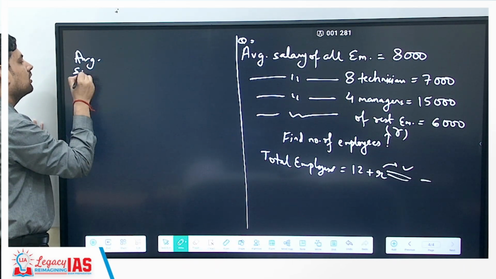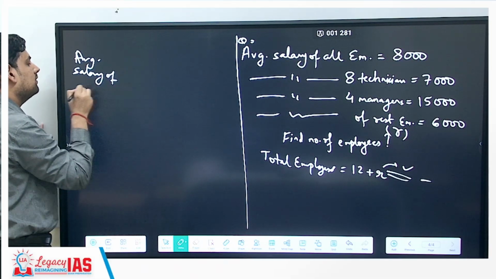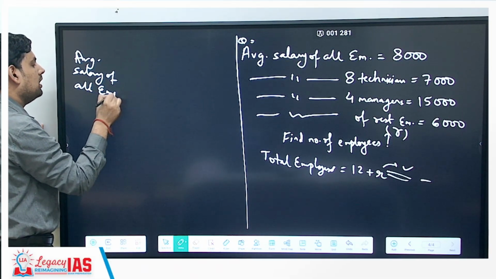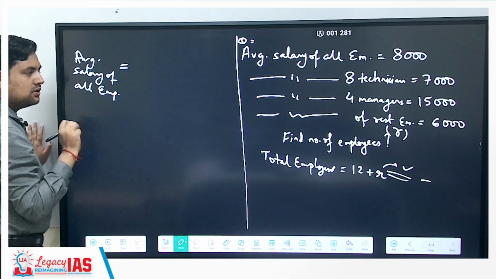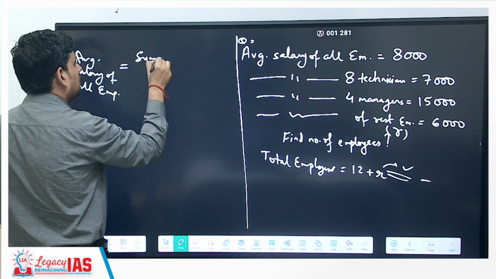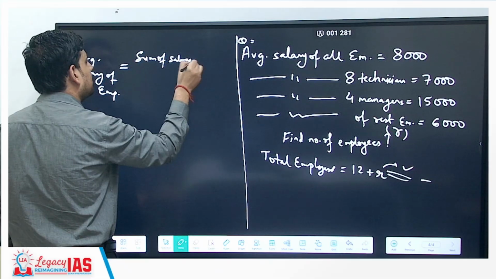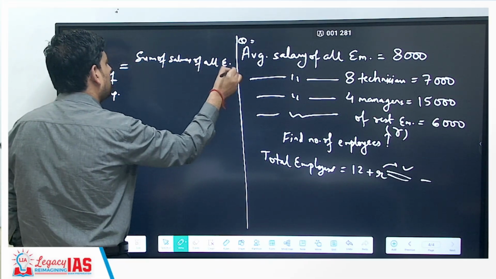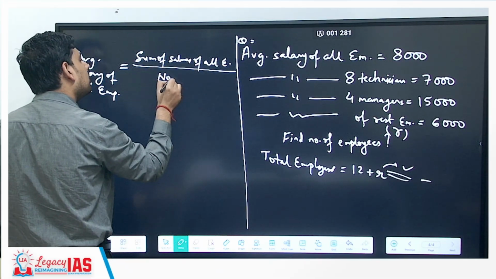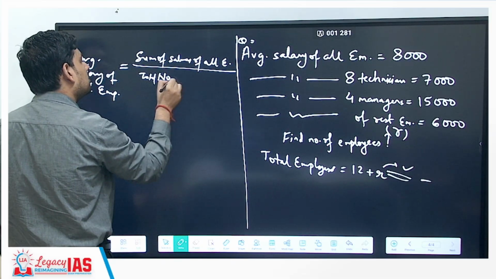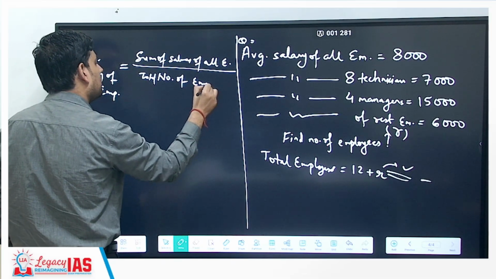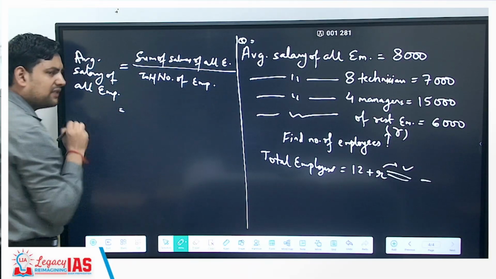Average salary of all employees is equal to the sum of salaries of all employees divided by the total number of employees. This is fine with everybody.